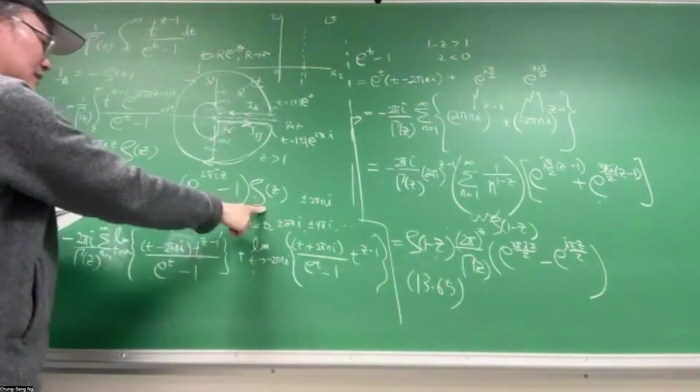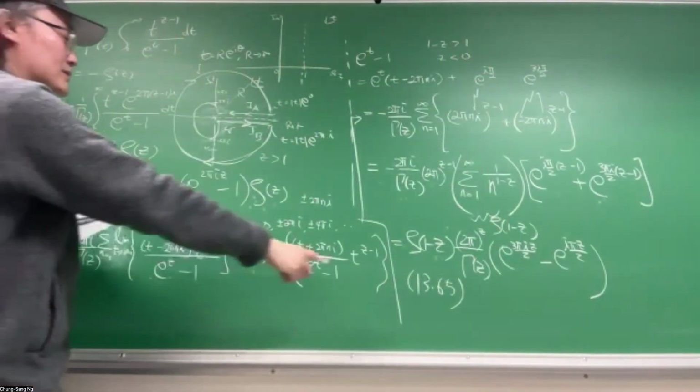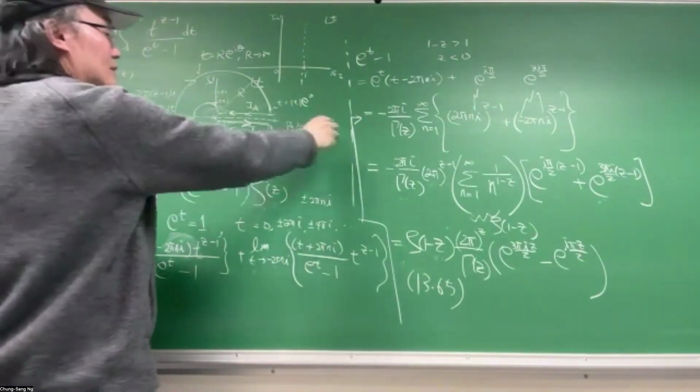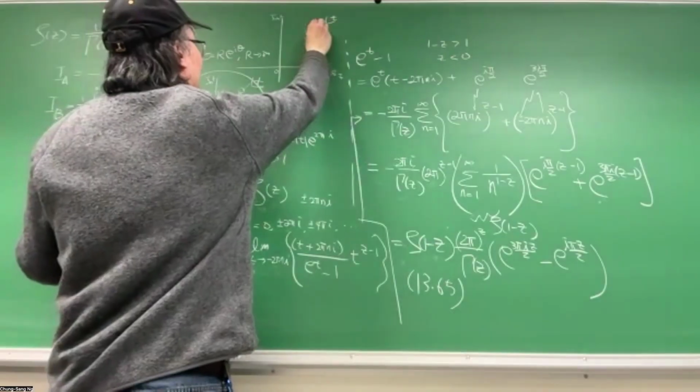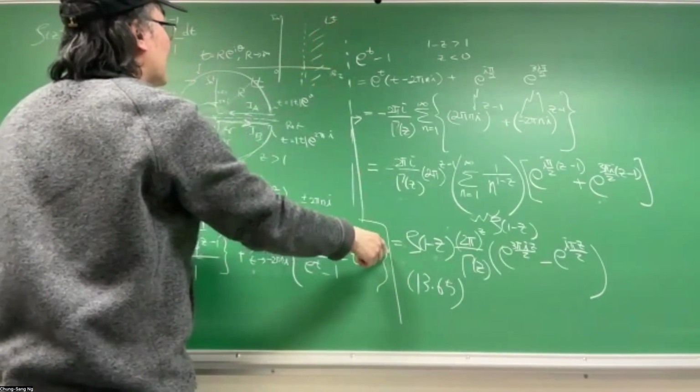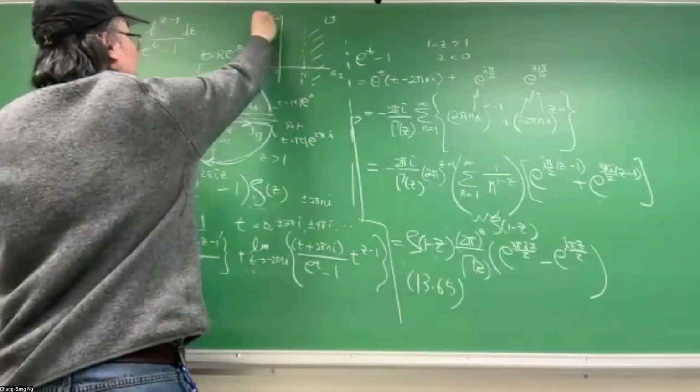So gamma z will be less than 0. So whatever you have originally defined here, now you can reflect it back to here.